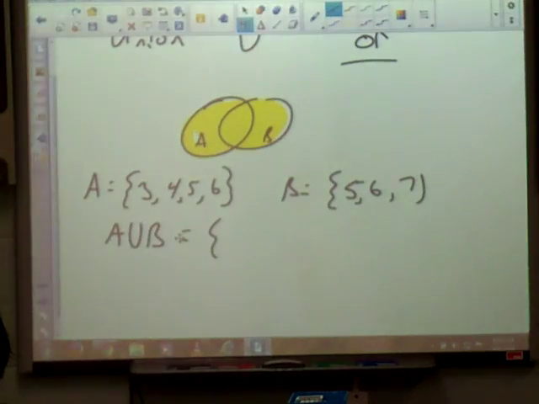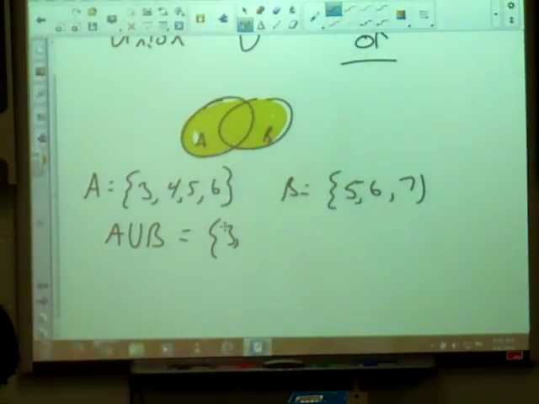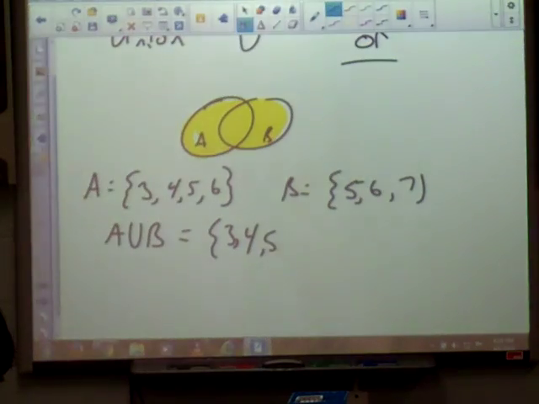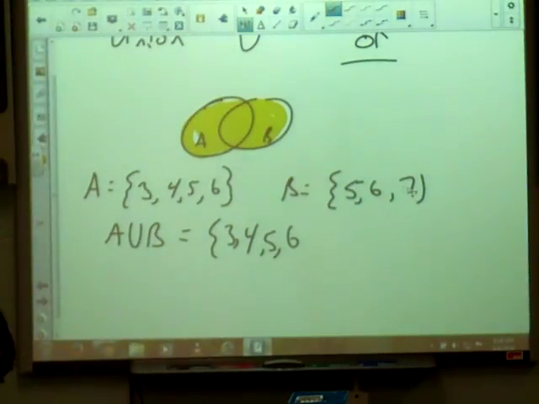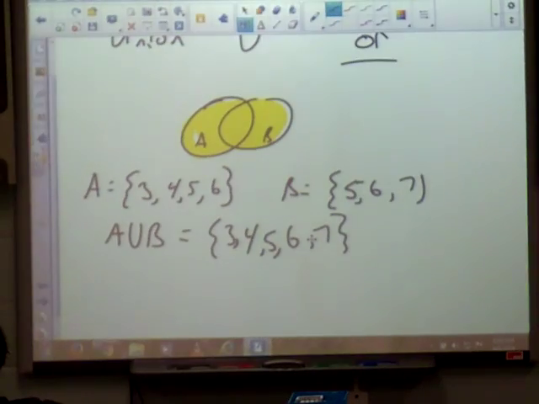Is 3 part of the union? Yeah, because there it is. Is 4 part of the union? Yep, there it is. Is 5 part of the union? Yes. What about 6? Yes. Is there anything I missed? 7. 7's over here. It's part of the union. So if it's a union or an or, and it's in either one of them, it's part of the union.